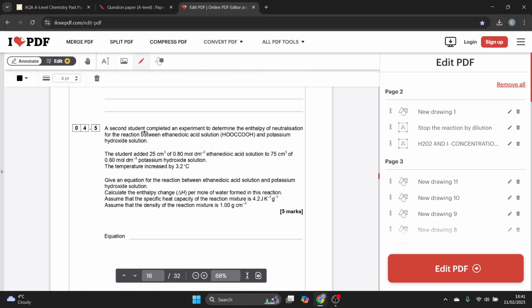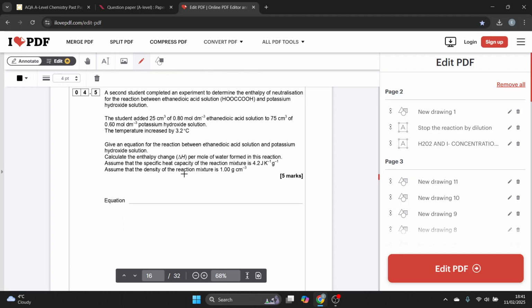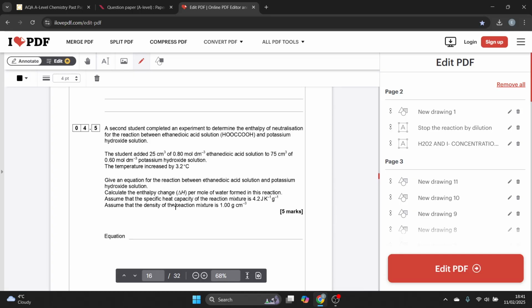4.5. Give an equation for the reaction between ethanedioic acid and potassium hydroxide solution. It gives me the formula HOOCCOOH plus potassium hydroxide, shortened to KOH. Now what happens?